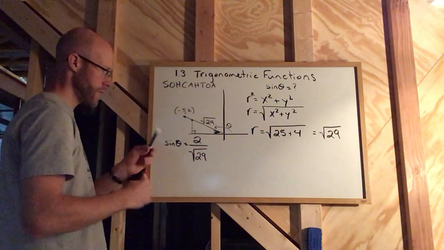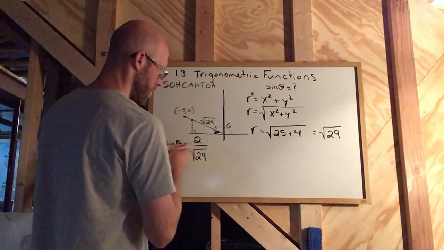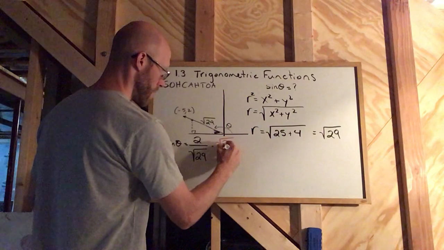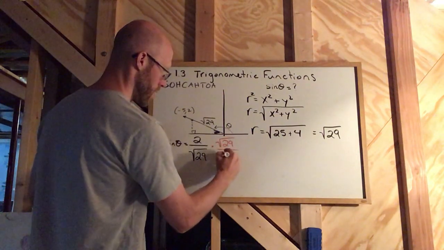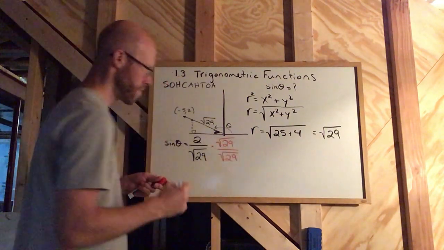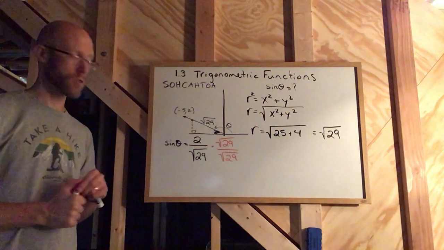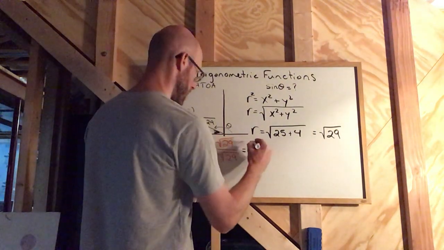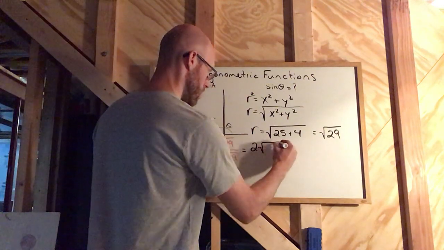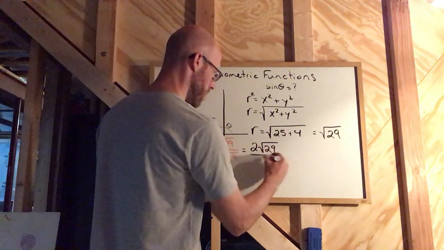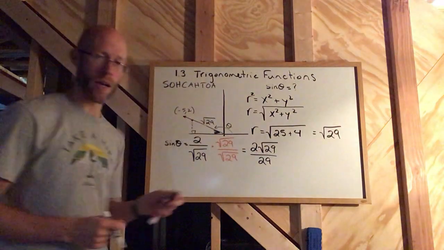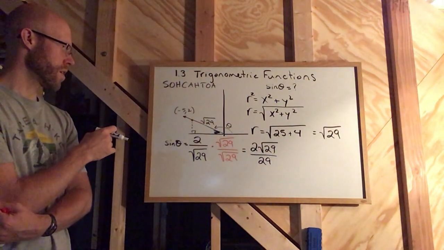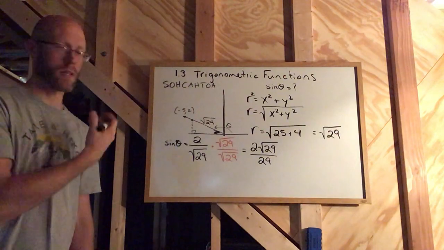I'm going to multiply top and bottom by the square root of 29. Then we're going to multiply across. So we're going to get 2 square root of 29 all over 29. Okay. And that's it. That's my sine.